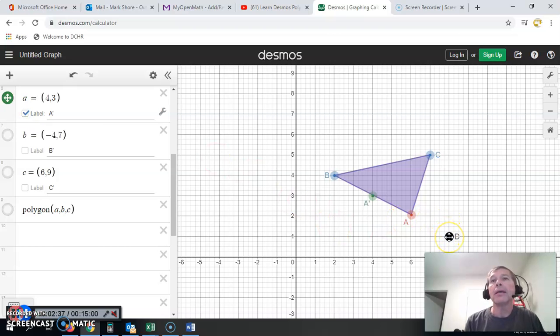And then you do the same thing with point B. From D to B, in terms of horizontal, it was moved 1, 2, 3, 4, 5, 6 points to the left. Or you could just say 8 minus 2 is 6. The dilation factor on this problem is 2. So take that distance of 6 and multiply by 2, and you get 12 points to the left.